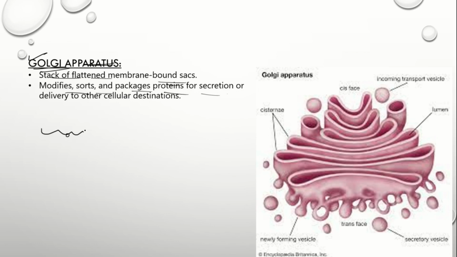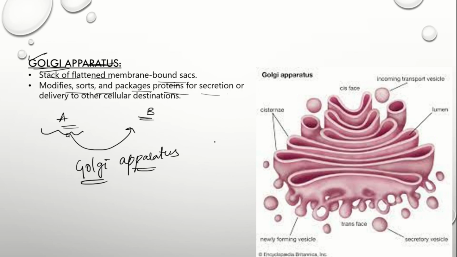If an error happens or the message changes, and we don't want response A but response B, then by modifying a little bit of protein A, it can be converted to response B. That can be done with the help of the Golgi apparatus.